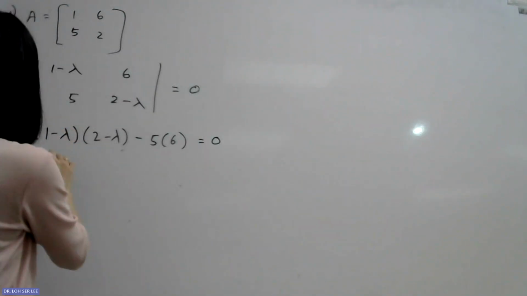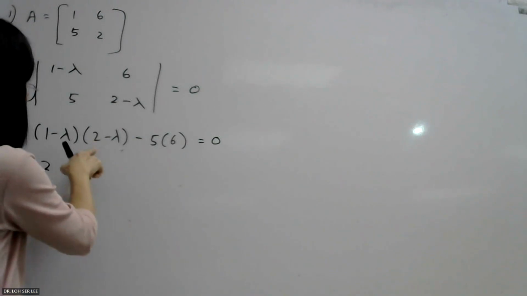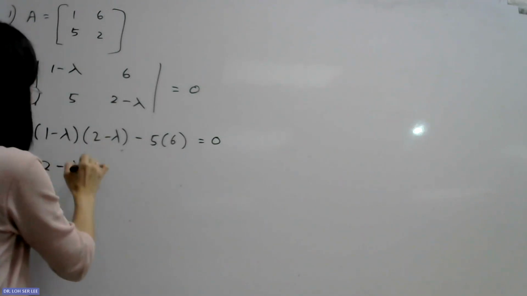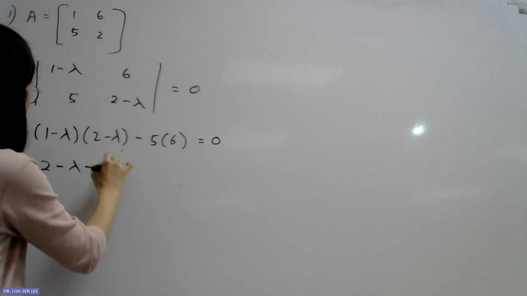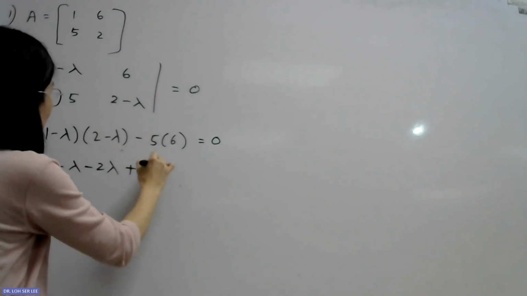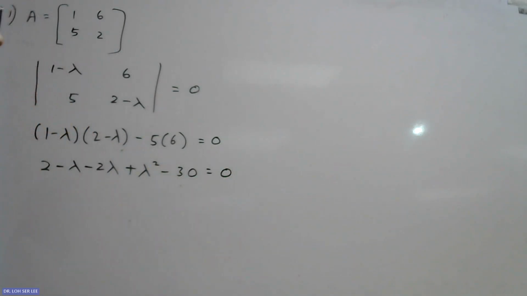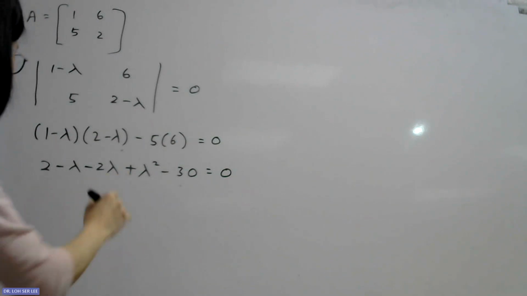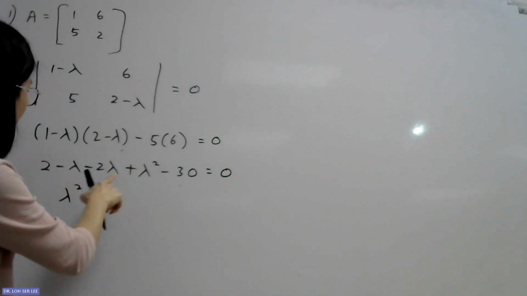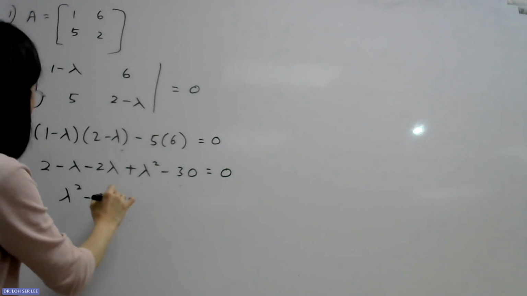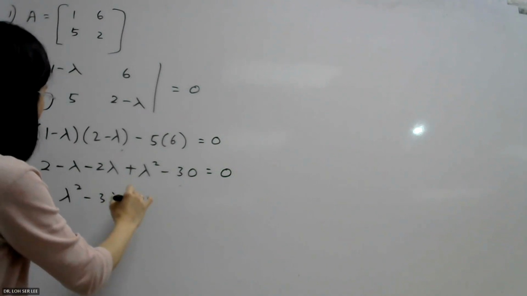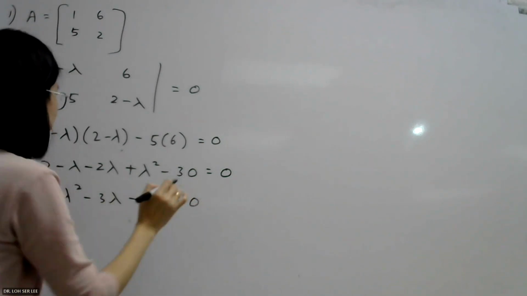Expand 1 times 2, minus lambda, minus 2 lambda, plus lambda squared, minus 30 equals 0. Then lambda squared minus 3 lambda minus 28.